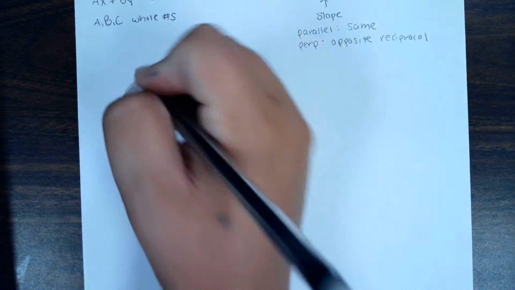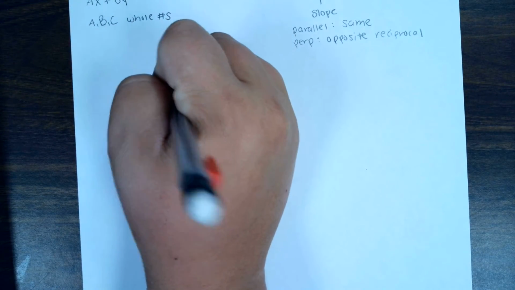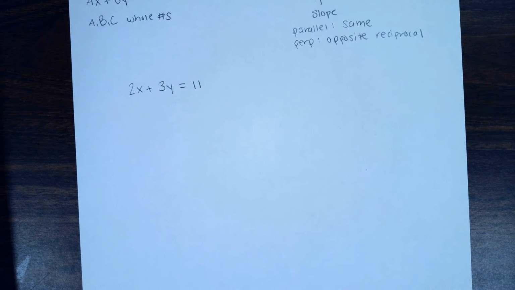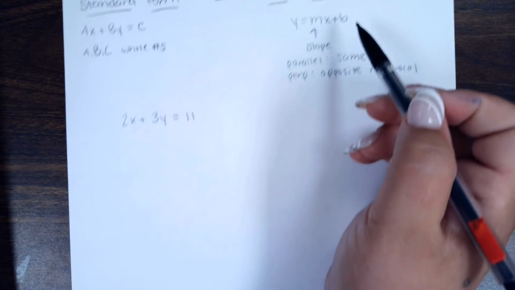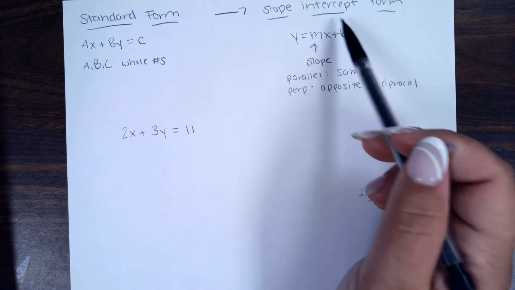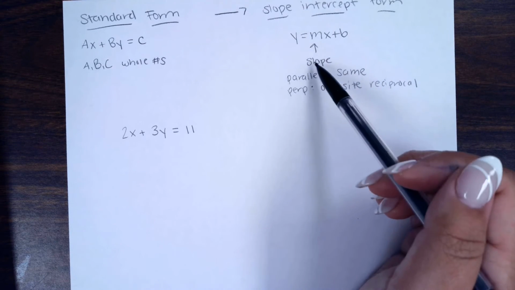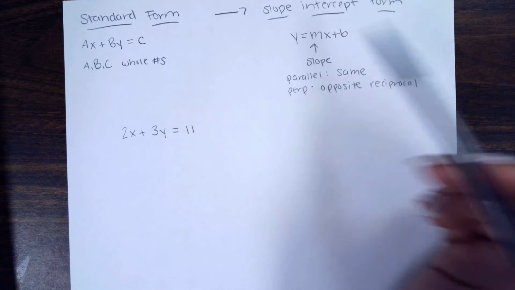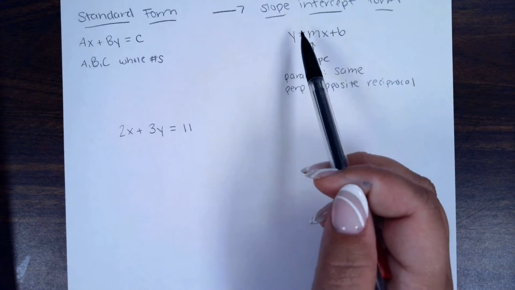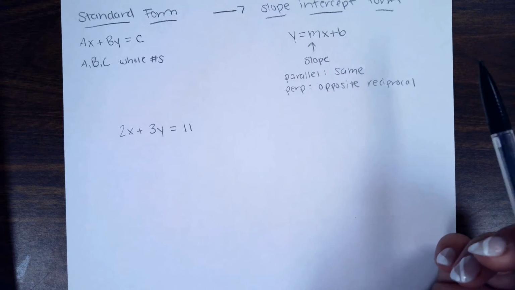Let's say we're given 2x plus 3y equals 11. So if we look back over here at slope-intercept form, we want our equation to be in slope-intercept form so we can very easily see the slope. In slope-intercept form, notice y is by itself and everything else is on the other side.